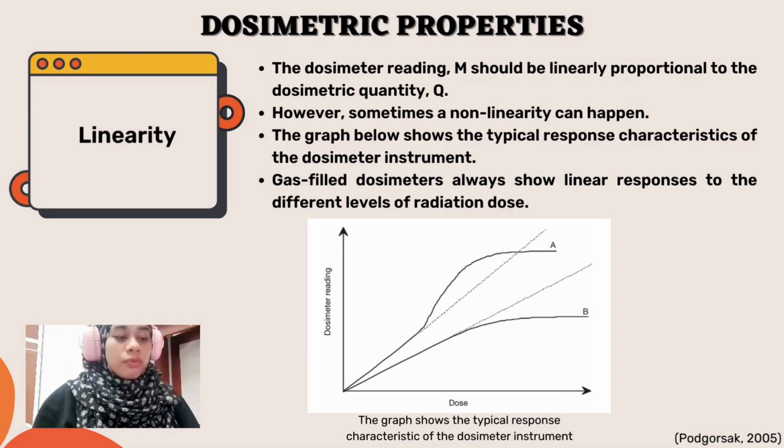The number of ion pairs formed is directly proportional to the energy deposited by the radiation. Since its response is proportional to the energy deposited, the relationship between the detected signal and radiation dose remains linear over a wide range of dose levels.